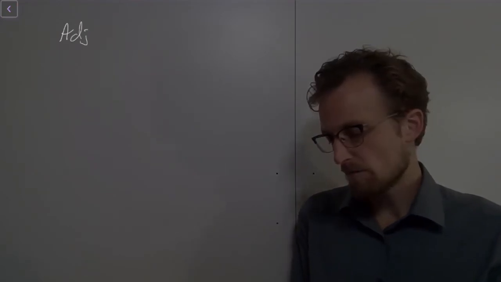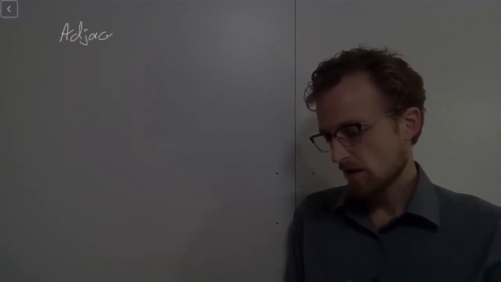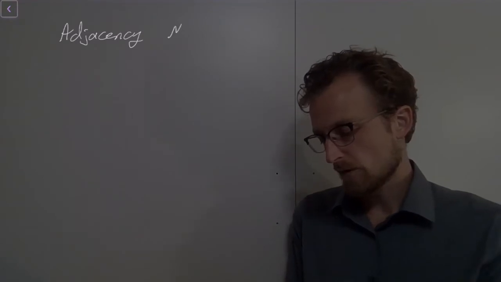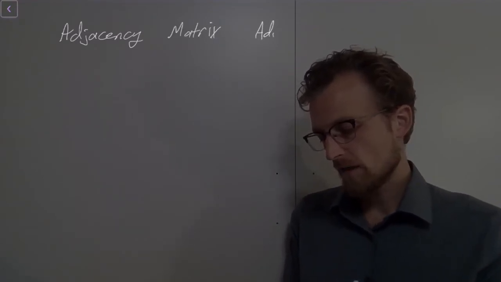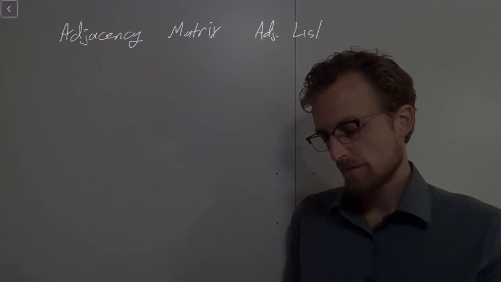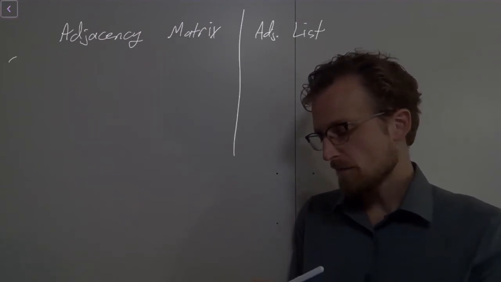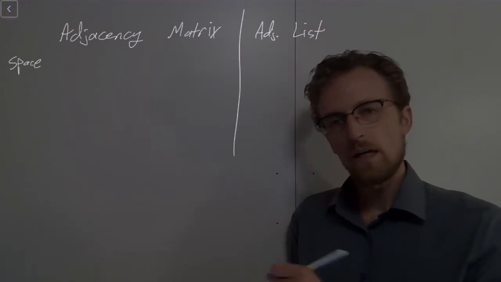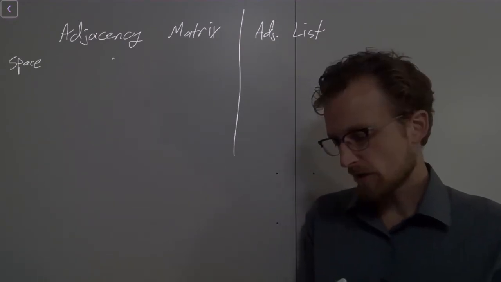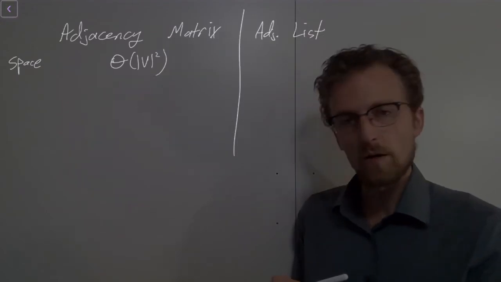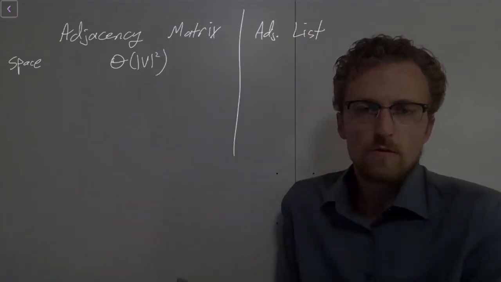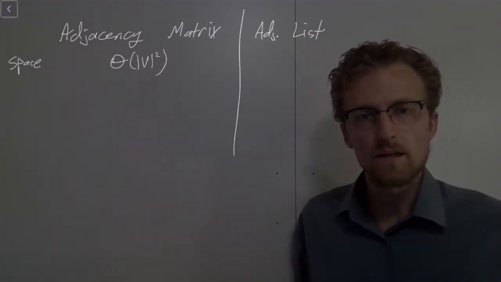We have the adjacency matrix and the adjacency list. Okay? The space requirement for each of these is different. The adjacency matrix, like I showed before, has a space requirement equal to v squared, which I'll also write in asymptotic notation.